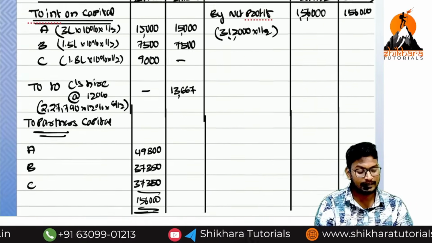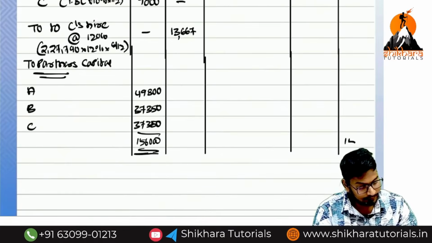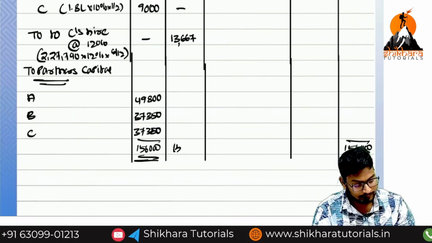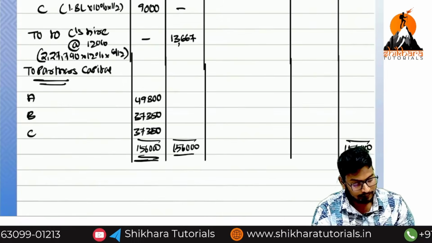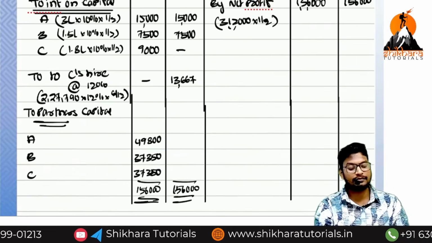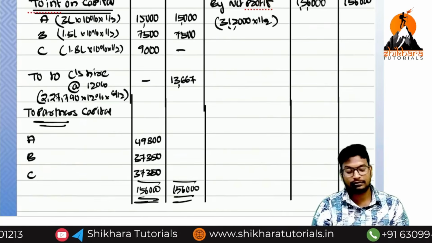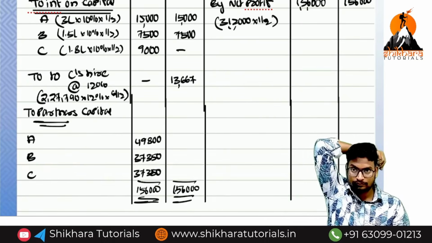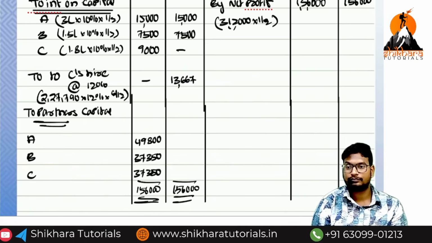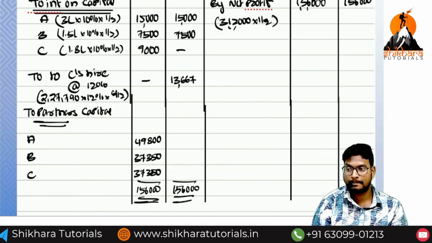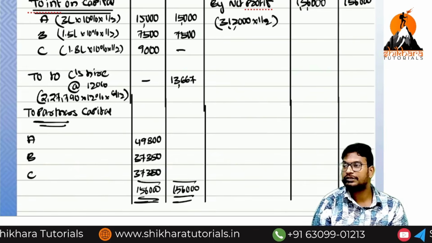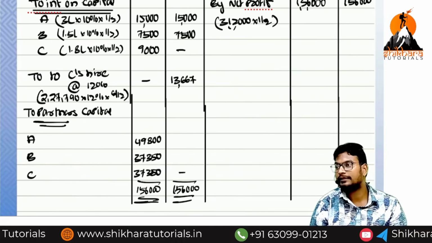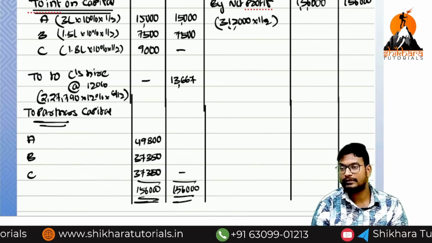So what is the balance here? 1,56,000. From 1,56,000 please reduce the 15,000, 7,500 and 13,667. That amount we need to distribute only to A and B. In this year we are having only the two.